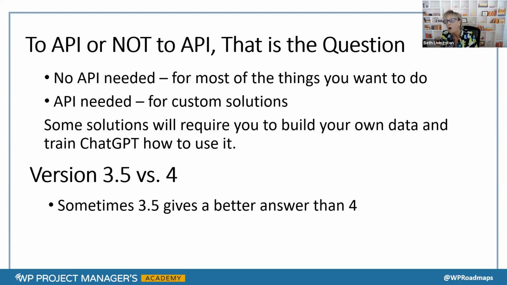So if you want to build on top of this, and I'm not a technical expert by any means, this technology that ChatGPT is built on, if you're going to build something that you might want to sell, then you're going to need an API. That's for a custom solution. For most of the things that you're going to use it for, especially when it comes to project management, you're not going to need an API.